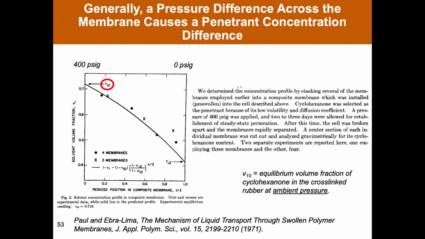And so what they have done is they have followed the same procedure as Rosenbaum and Cotton. They've stacked several membranes together and then set up an experiment where, in this case, I guess it's cyclohexanone being transported across a cross-linked rubber membrane.